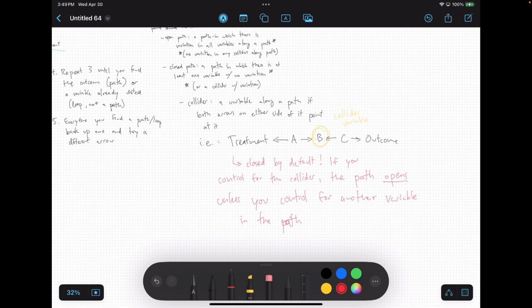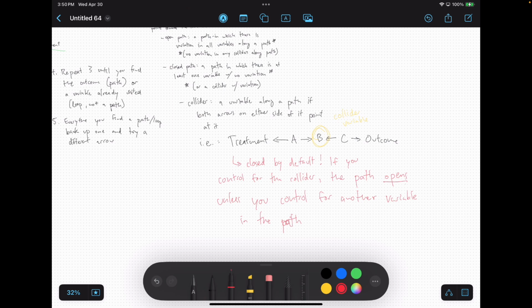And by control, what we mean is you eliminate the variation, right? By default, there's variation happening here. Normally, if you were to eliminate the variation in a variable in a different path, you would then close the path.